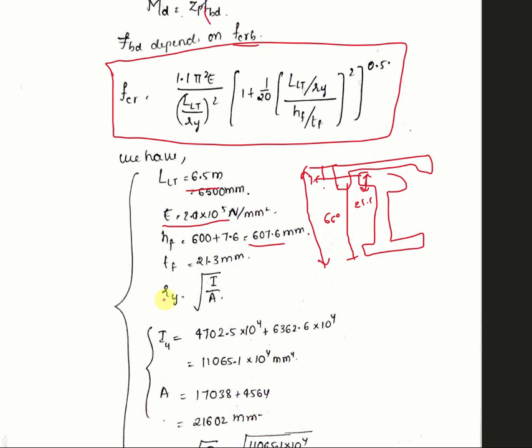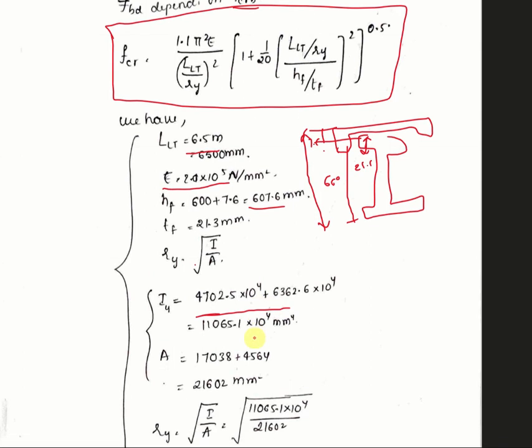I am telling you, this is the radius of gyration, root of I by A. We have two flanges and two sections, so add them both. We will be getting it as the area also, for the channel section and the I section, mentioned in the steel tables. We have already written it. Add them both, 21602.